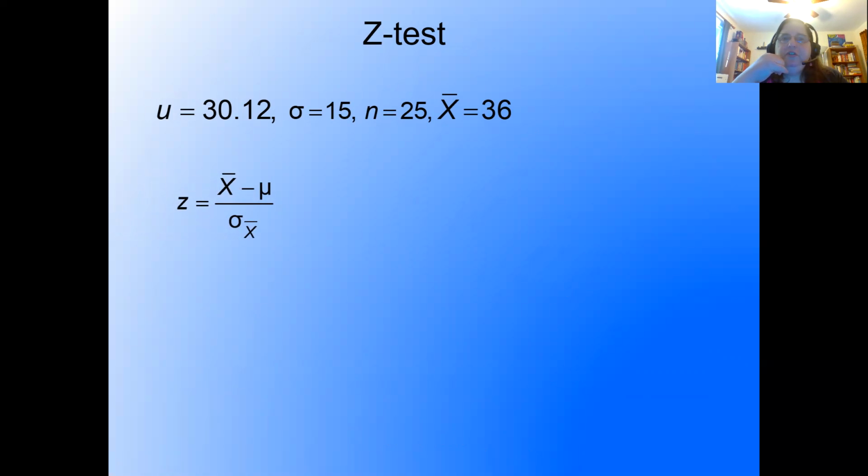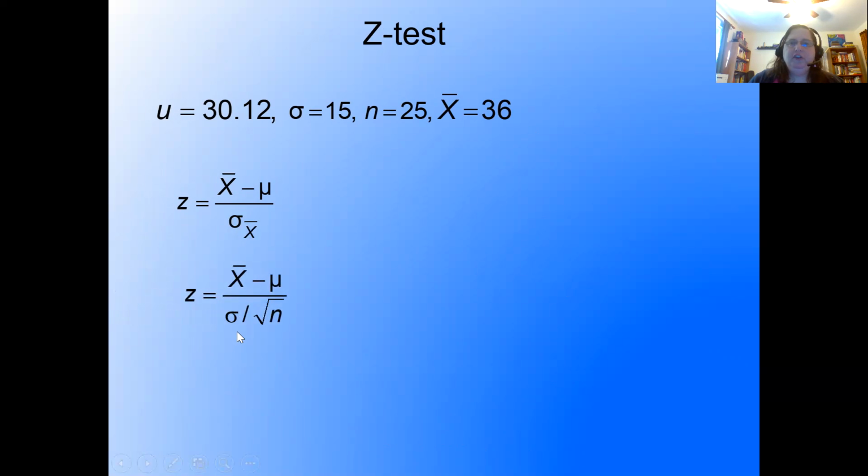In fact, if you look at this formula, it's very similar. It has all the same components as the confidence interval because they're really the same beast asking the question in different ways. We have an X bar minus a mu, a sample mean minus population mean. Remember this guy? Standard error of the mean. Remember how you define standard error of the mean?